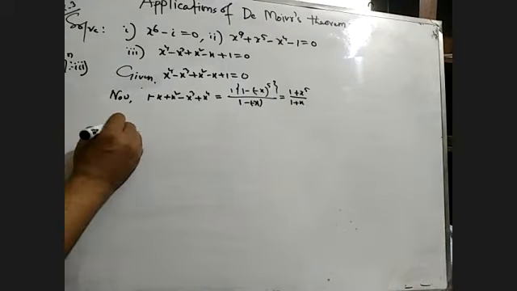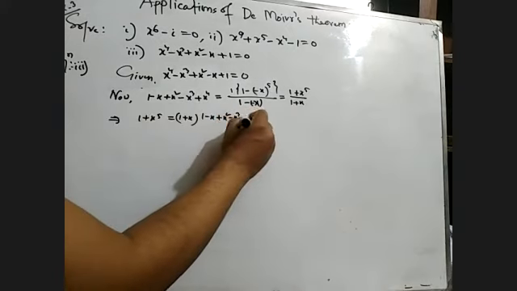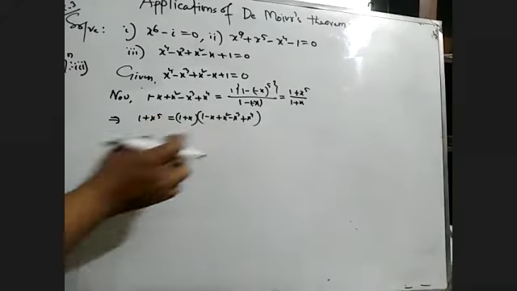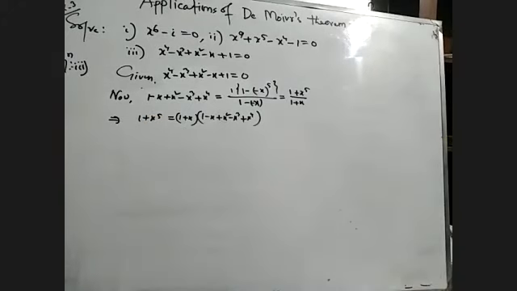Therefore, x^4 minus x^3 plus x^2 minus x plus 1 can be represented as this.